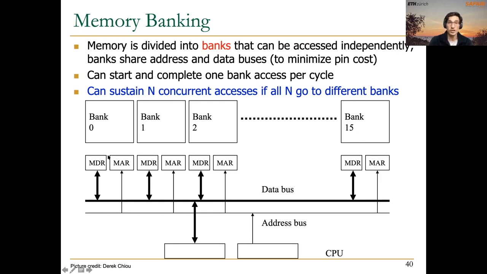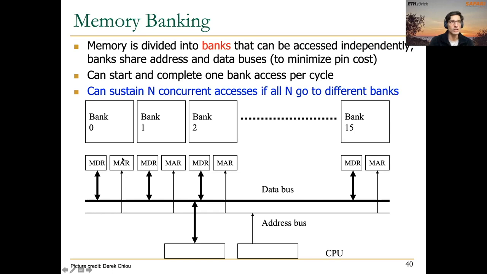In the first cycle, we write here in the MAR the address of element A0, and we start the access that takes a certain number of cycles to complete, let's say 11. And after 11 cycles, we will have the value that we wanted to read here in the MDR.